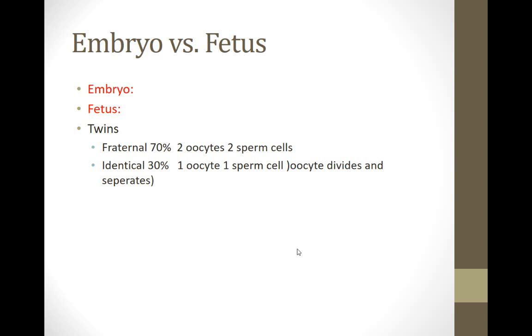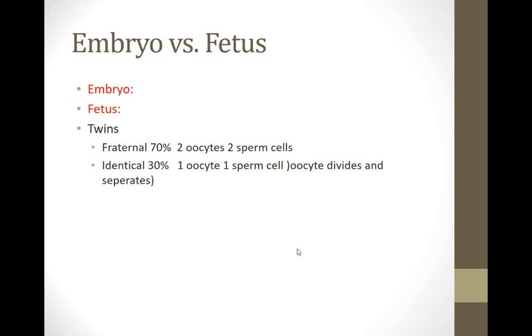Fraternal are the more popular. 70% of twins are fraternal. This is where the mother releases 2 eggs and 2 different sperm fertilize them. And so this is where we can get non-identical twins, obviously. They have totally 2 different DNAs.